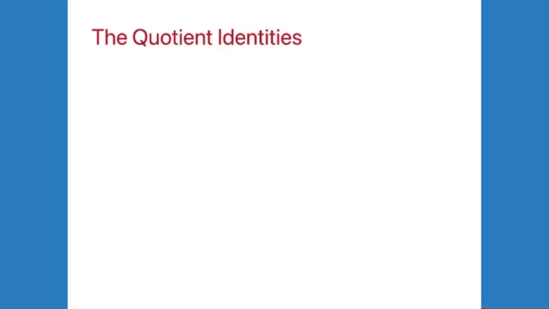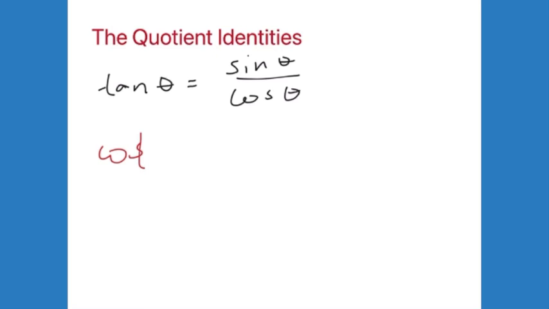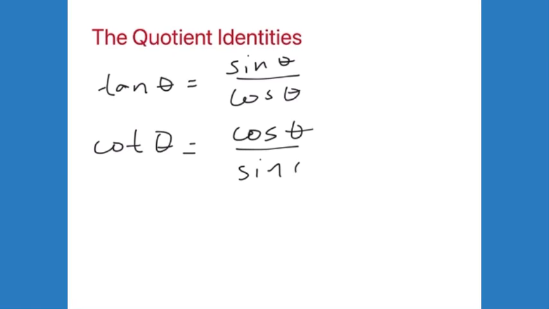In the quotient or ratio identities, we have tangent theta is equal to sine theta over cosine theta, and cotangent theta is equal to cosine theta over sine theta.